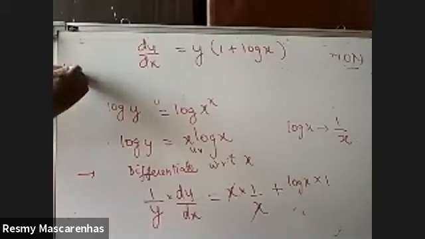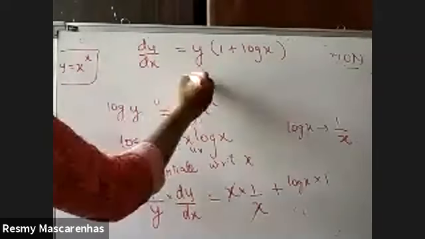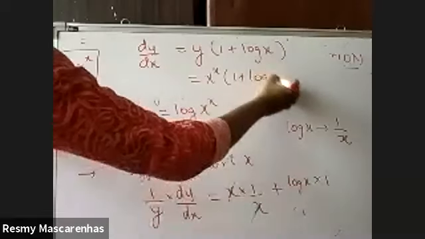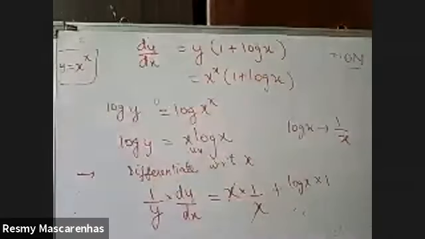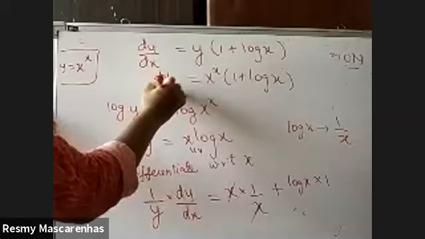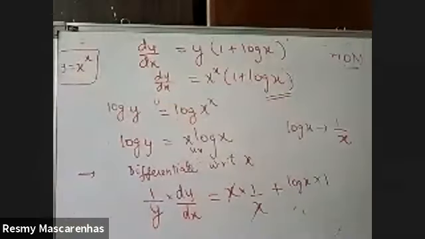What was the question? y is nothing but x raised to x. So just substitute back here. So dy by dx is nothing but this. So this is your answer. Take y on the other side and substitute the same thing that was there in the question.